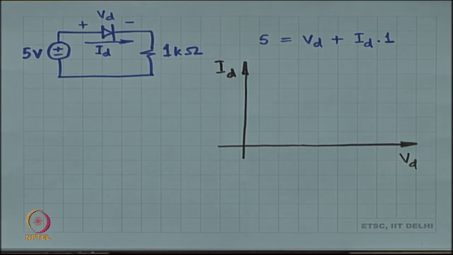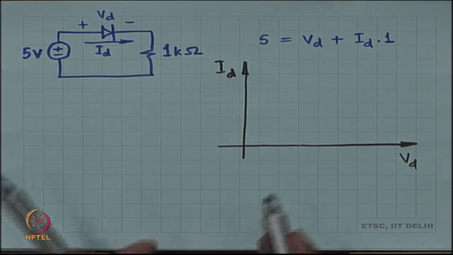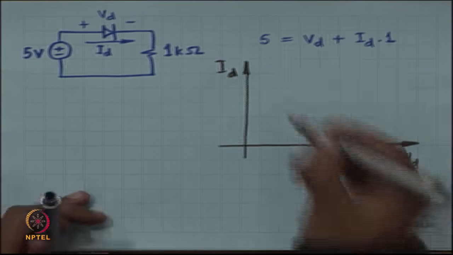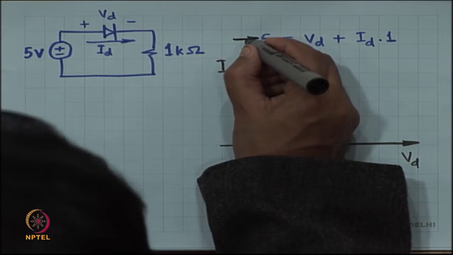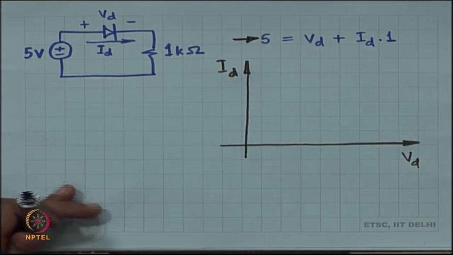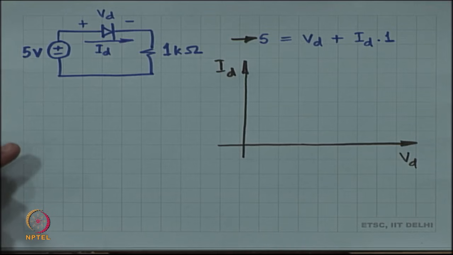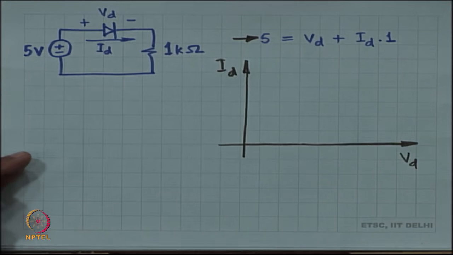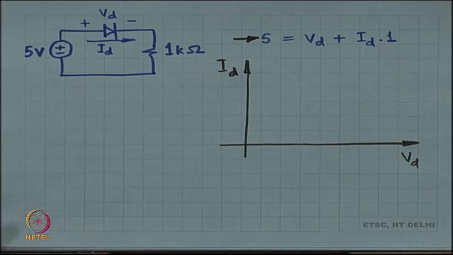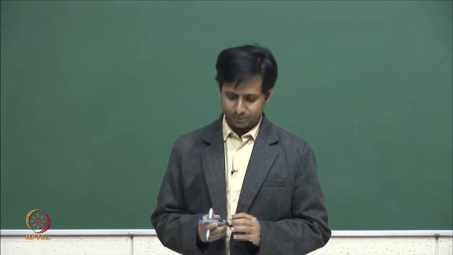So, let us try to plot this equation on these axes. This particular equation is what I want to plot: 5 is equal to Vd plus Id times 1. Can you plot this on these axes, Vd and Id? How will it look? Will it look like a circle, parabola?